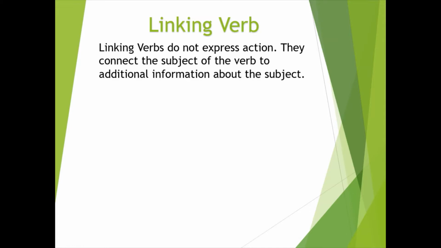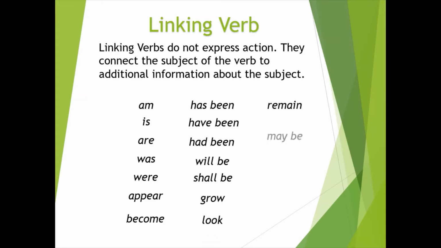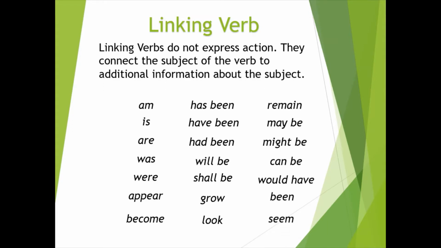Examples of linking verbs are am, is, are, was, were, appear, become, has been, have been, had been, will be, shall be, grow, look, remain, may be, might be, can be, would have been, and seem.